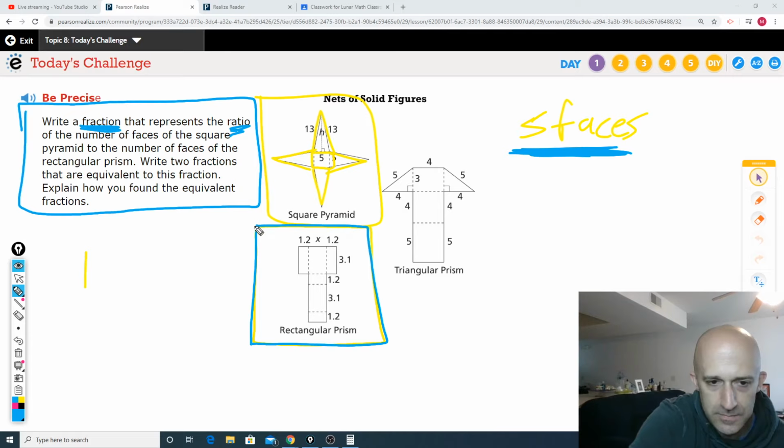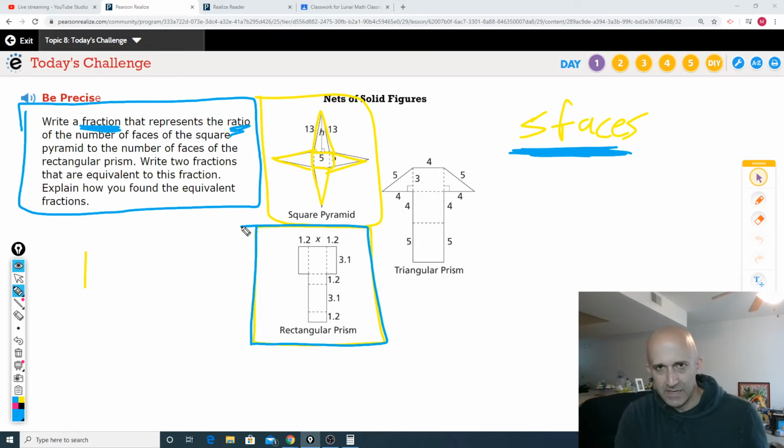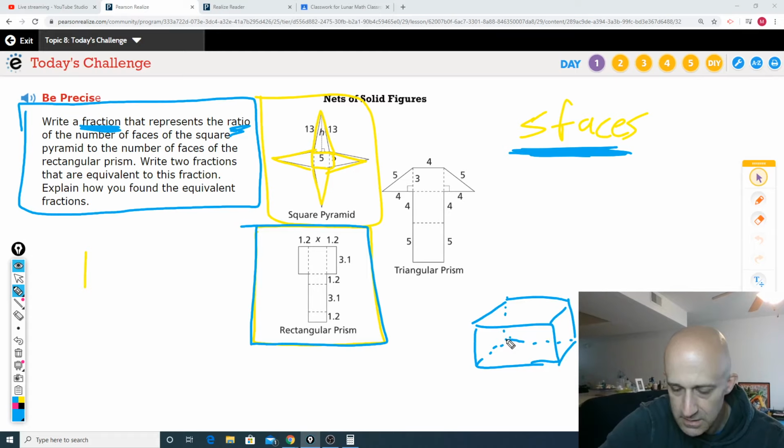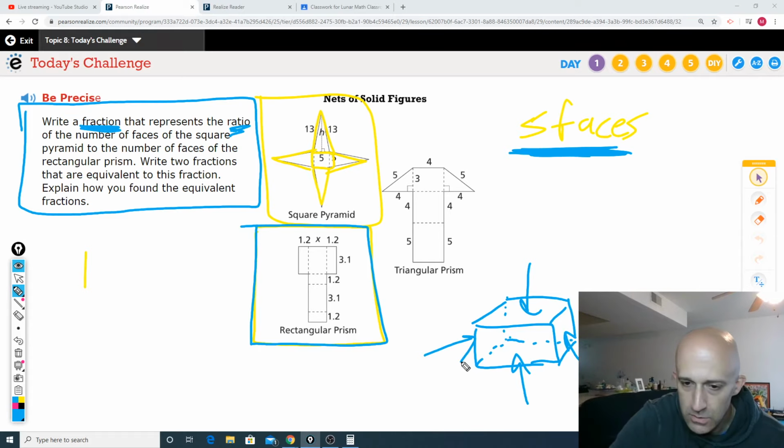If we were to draw a 3D image of it put together, with little dots underneath, you have your top, your bottom, and then one on the right, one on the left, one on the front, and one behind.